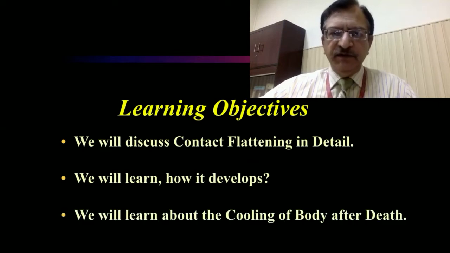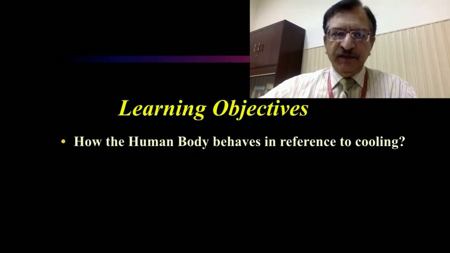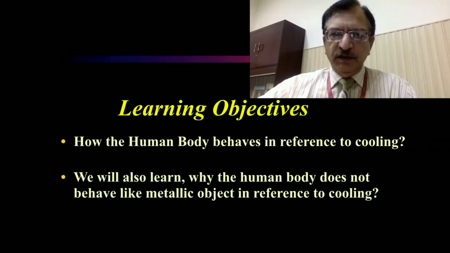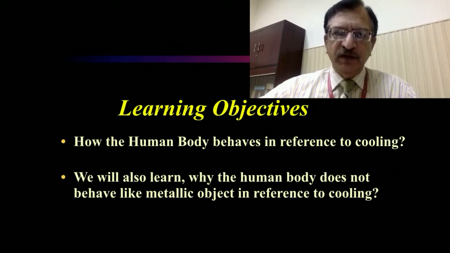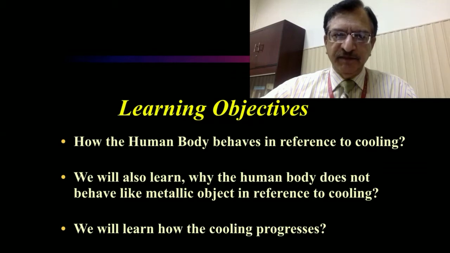Then we'll start with the topic of cooling of the body, and our objective will be to understand how the body cools after death, and how the human body behaves in reference to cooling, because we'll learn that the human body does not behave like a metallic object, as it is not a homogeneous structure like a metal. So it behaves differently, and we'll try to learn how that happens.